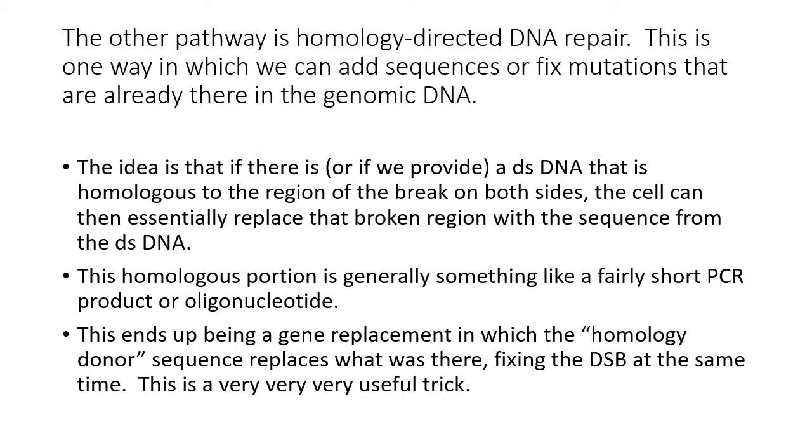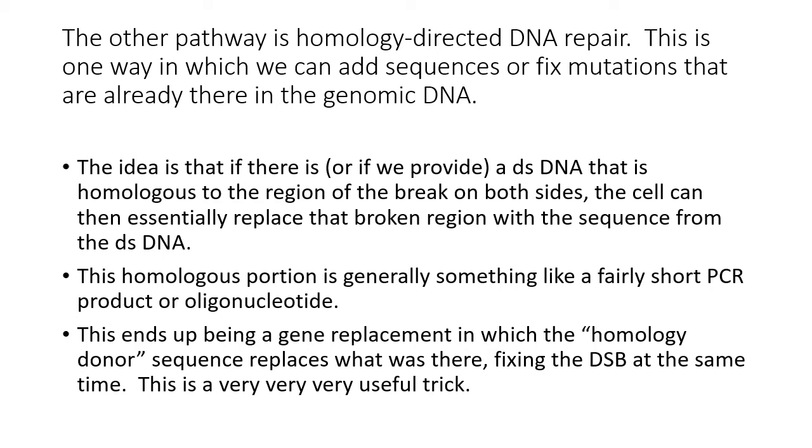Okay, so the other pathway is homology-directed DNA repair. This is the way we can add sequences or fix mutations that we don't like. So the idea is if you have a break, the cell has the option of processing that break by getting a template DNA that it can copy to replace not just the break itself, but the region surrounding it.